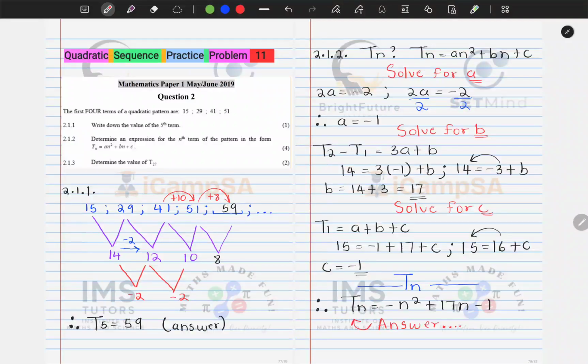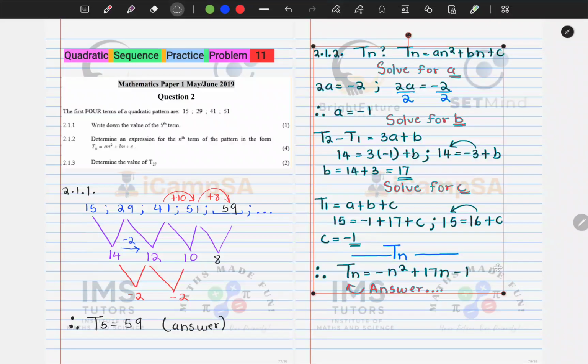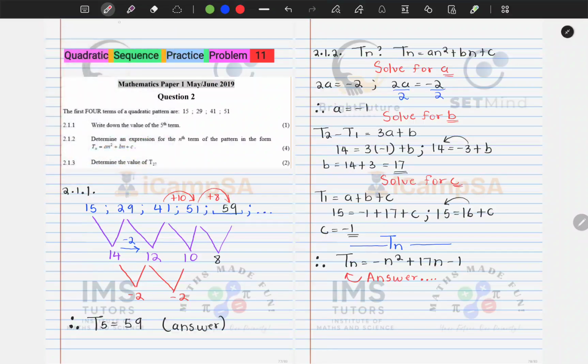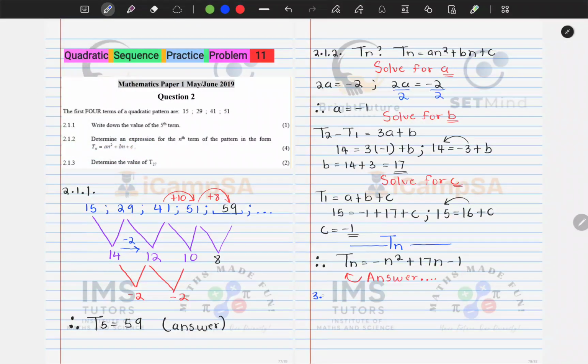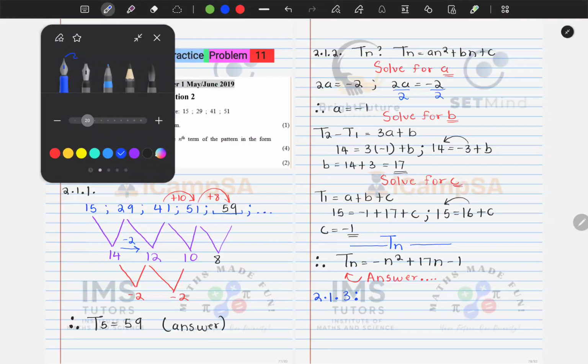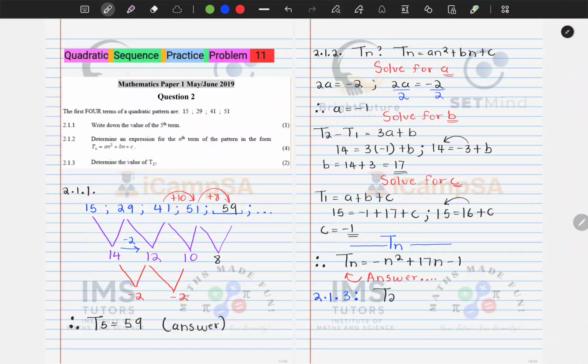So let's have a look at the next question, where we are required to determine the value of T27. It's a very easy one. That question is 2.1.3. They require us to determine what is T27.